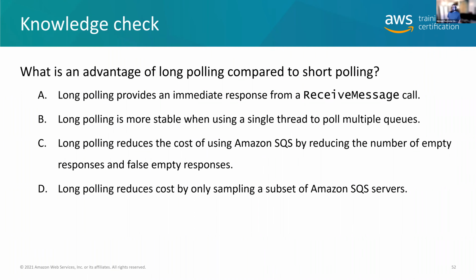All right, I see some people posted C. Long polling reduces the cost of using Amazon SQS by reducing the number of empty responses and false empty responses. That's accurate, right? So imagine you go to a room, you've got 12 people in there, you're only talking to 3 of them. That's short polling. Long polling talks to all 12, right? So that if someone has a message for you, long polling is definitely going to guarantee that you get it.